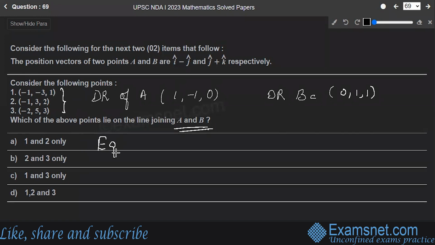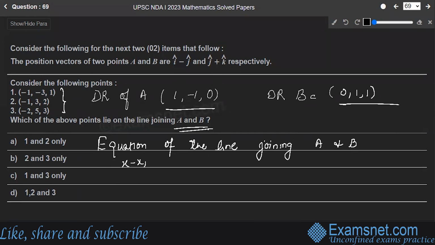So let's frame the equation of the line joining A and B, which are these two points. The formula is x minus x1 upon x2 minus x1 equals y minus y1 upon y2 minus y1 equals z minus z1 upon z2 minus z1.